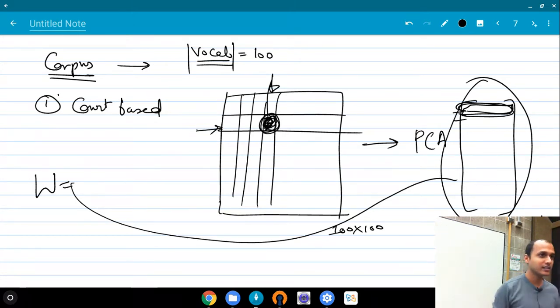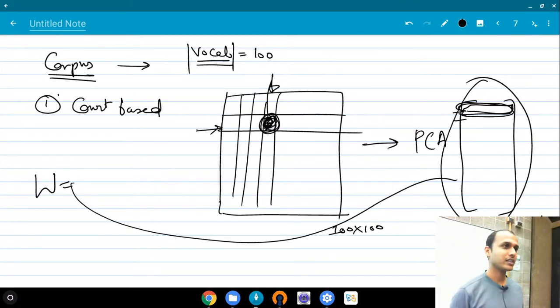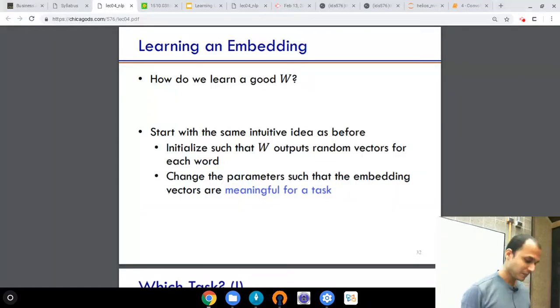That's all. You don't have to really think about functions here. The way we're going to learn an embedding: first we're going to start with a general idea, and then we'll specialize it to Word2Vec. The general idea is.